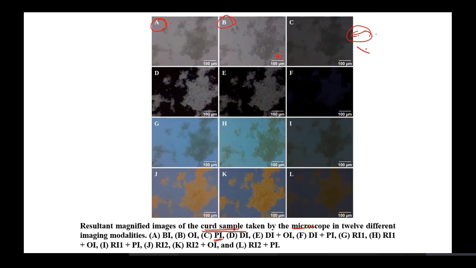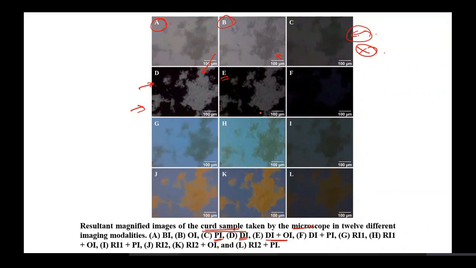Now the next one is dark field imaging. When we go for dark field imaging, the foreground appears bright, whereas the background appears completely dark. Then the second one is dark field imaging with oblique illumination.